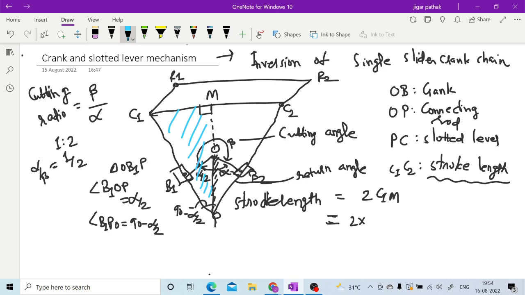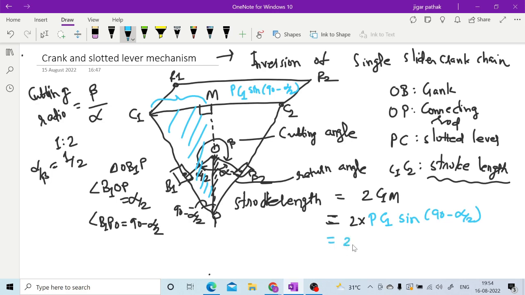So if you want to calculate this distance C1M, then C1M is nothing but PC1 sine 90 minus alpha by 2, correct? So I am writing C1M as PC1 sine 90 minus alpha by 2.